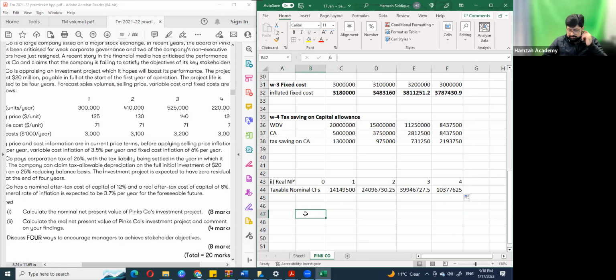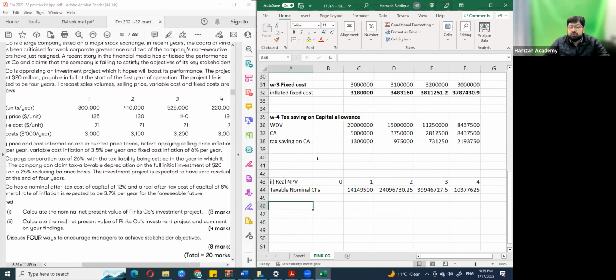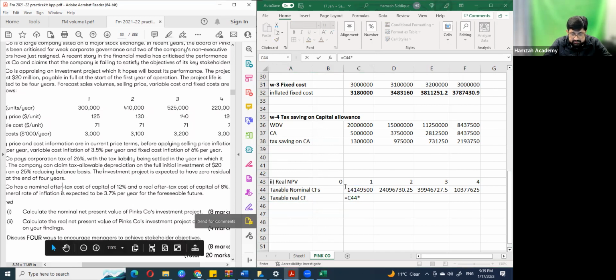And students, the next point is, I told you, now real method. We have to discount them to, first of all, real cash flows. So present value, taxable real cash flows. How to calculate? Discounting all of them using general inflation rate.